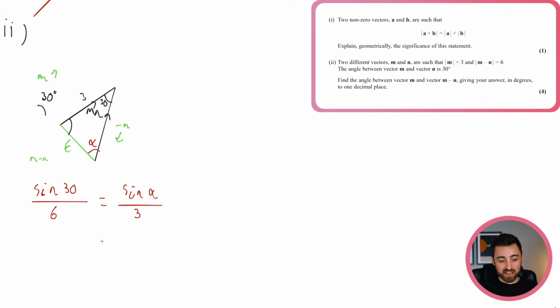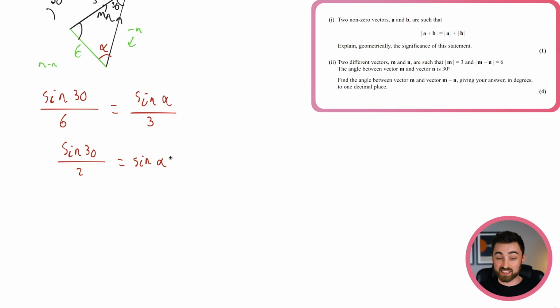Okay, so I can then work this out, because if I multiply this by 3, I'm going to get sine 30 over 2 equals sine alpha. Now, sine of 30 is a half, so sine of 30 over 2 is a quarter. You could have put that in your calculator, though, so that's no worries at all. So sine alpha equals a quarter.